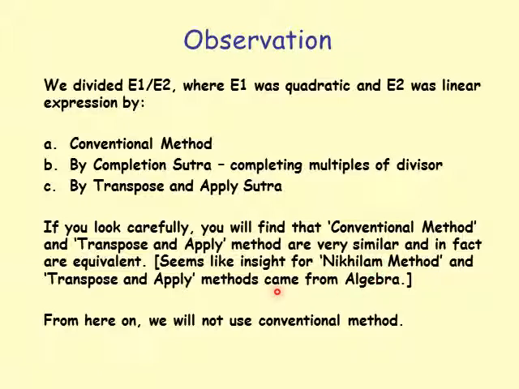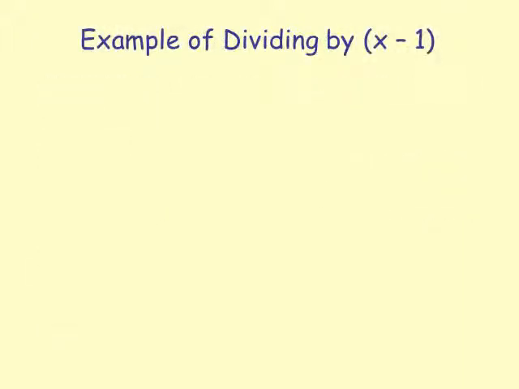So that means algebra is a precursor to these two methods of division. From here on, we will not use the conventional method because the two are equivalent, and we'll use the transpose and apply sutra. So let's divide another example, dividing by x minus 1.